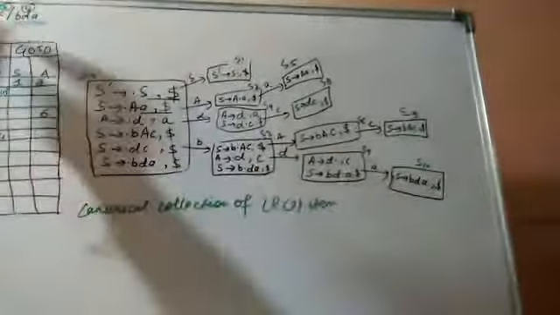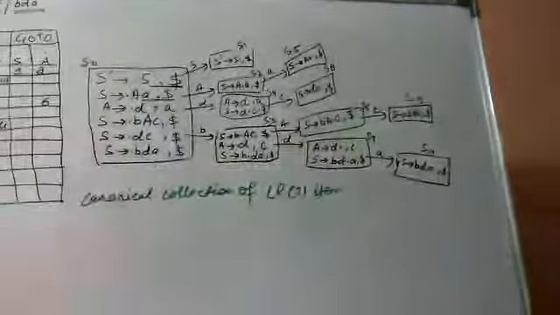So A to D dot, R5 will go into C. In the 7th row, R5 will be written in C.